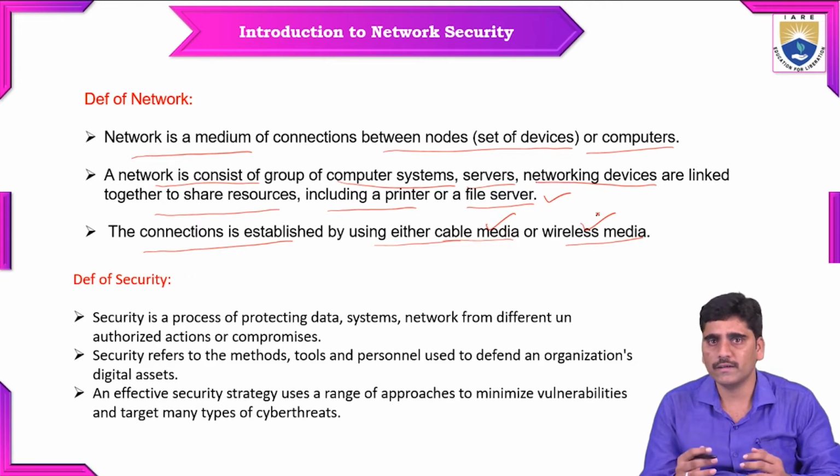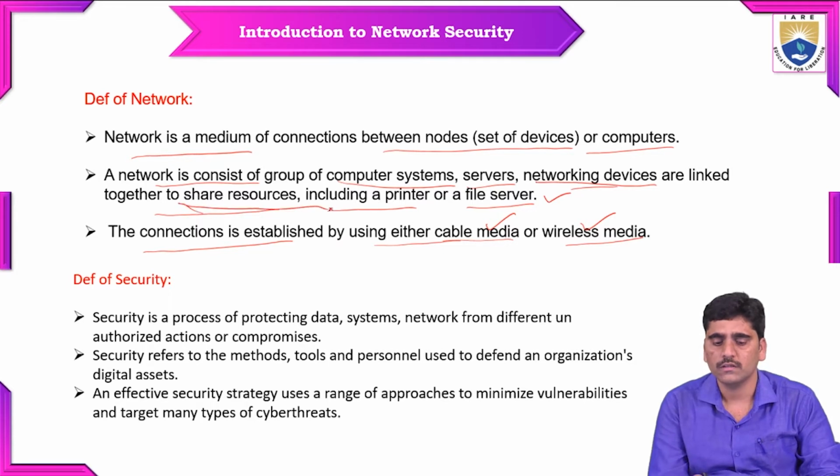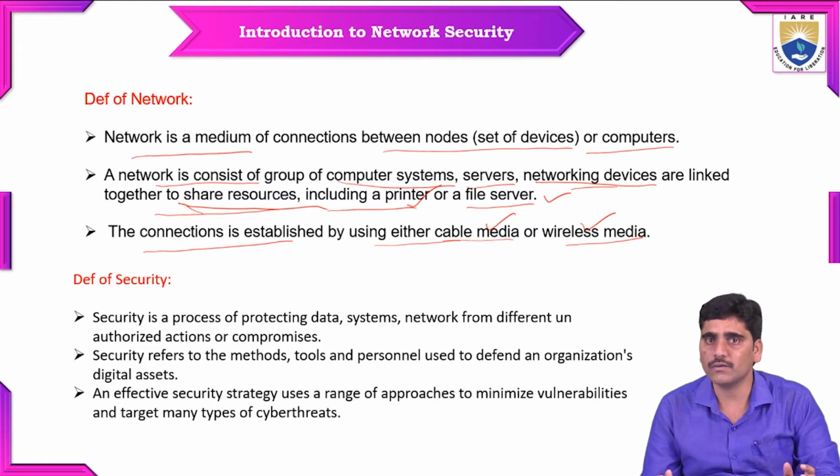Why are they connected together? Because they are going to share their resources, such as printers, files, folders, drives, anything we can share. For this purpose, we connect all the systems together. That is called a network.